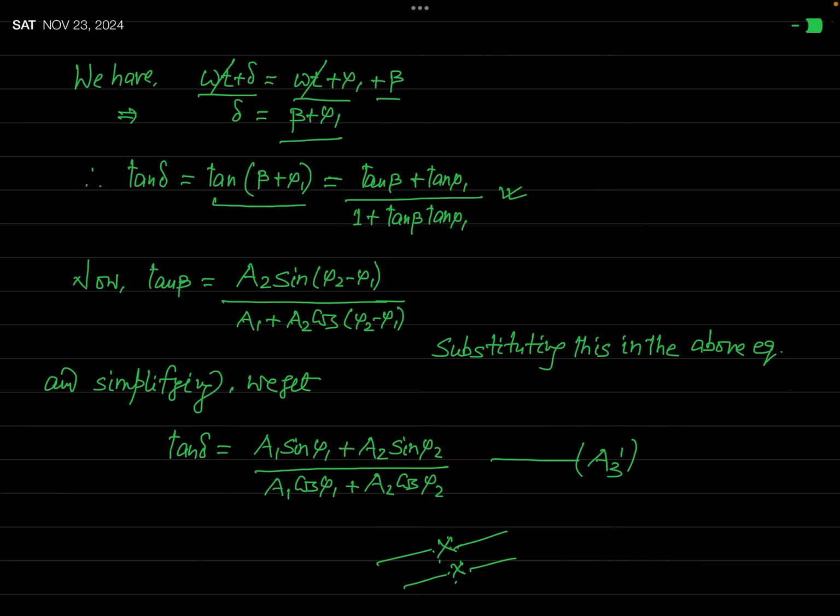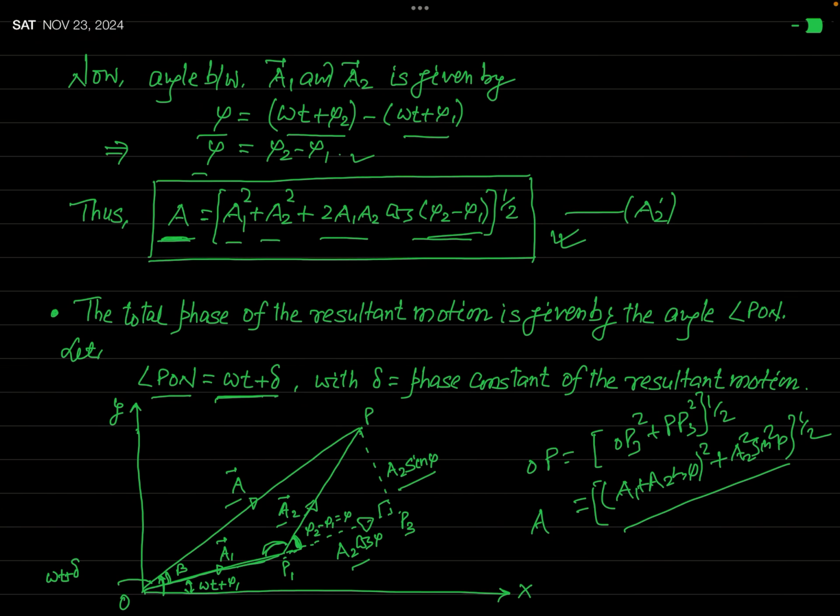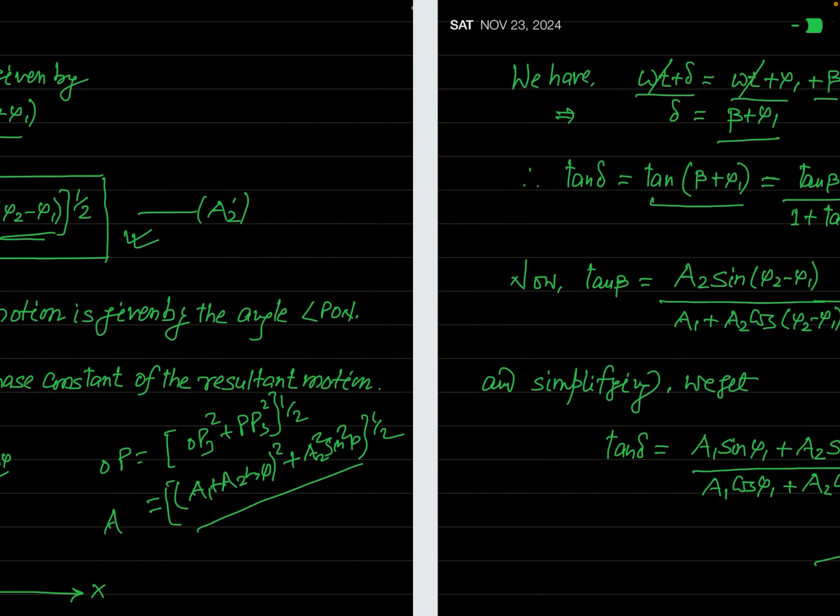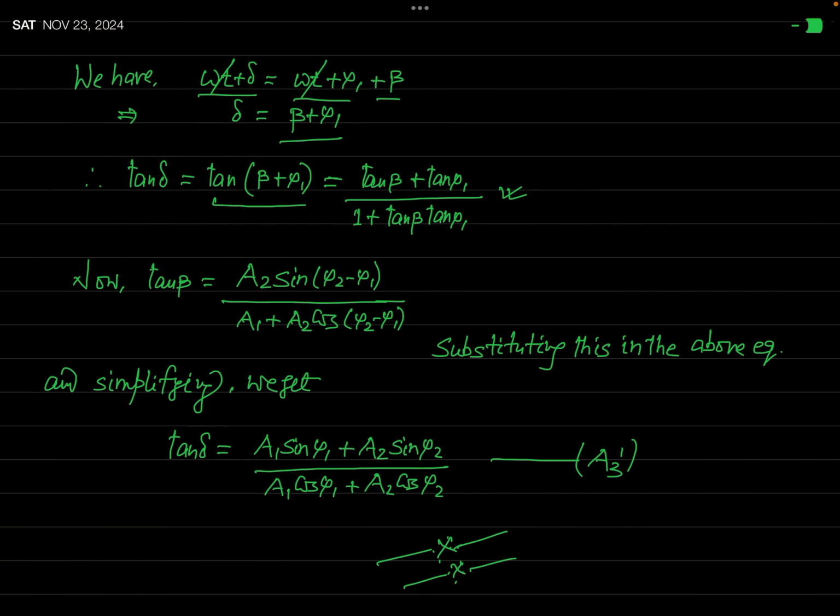But what will be tan beta? See this figure. This is a right angle triangle, you can see POP3. And from this figure, tan beta will be equal to PP3 divided by OP3, PP3 by OP3.